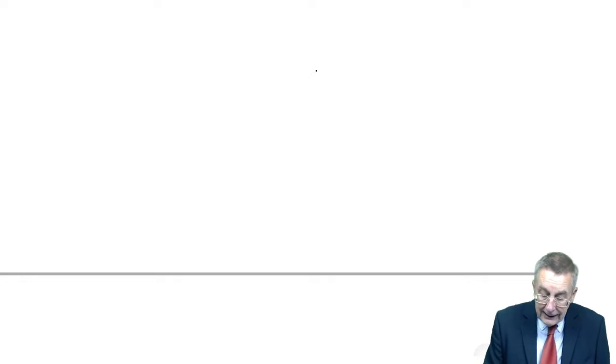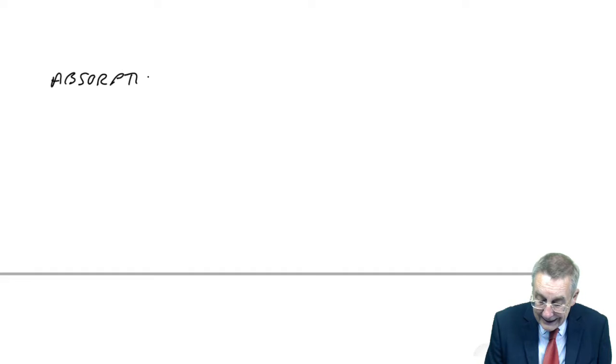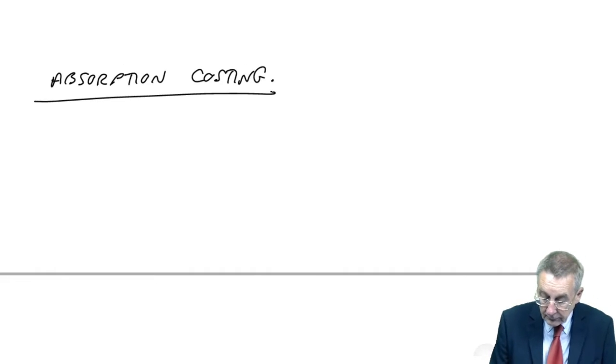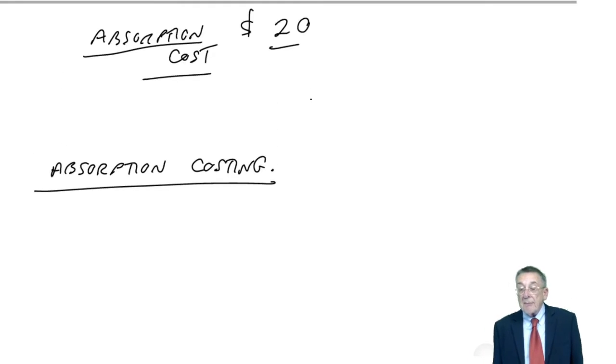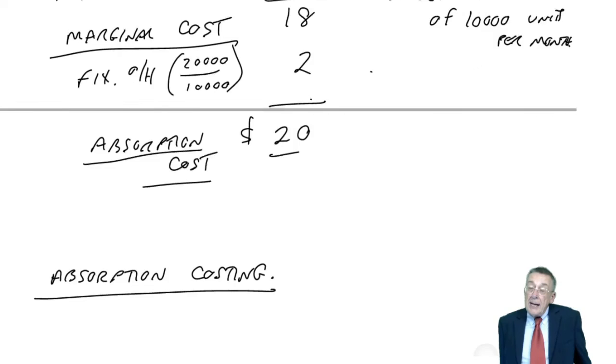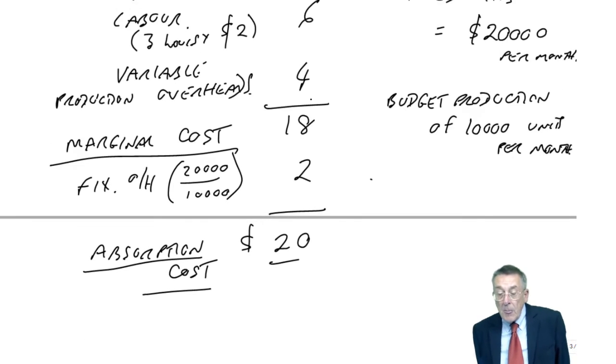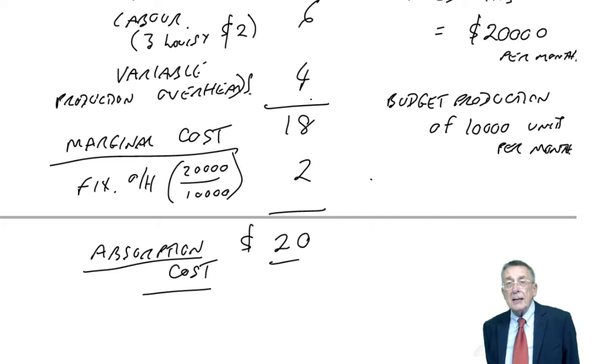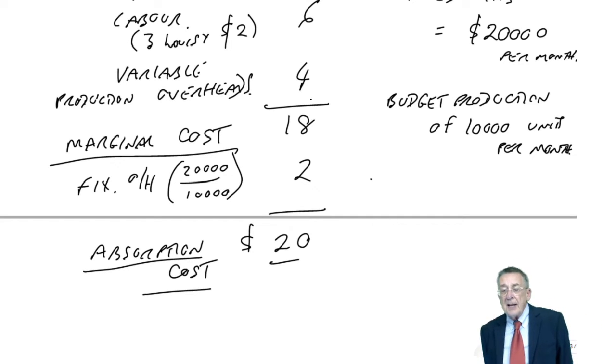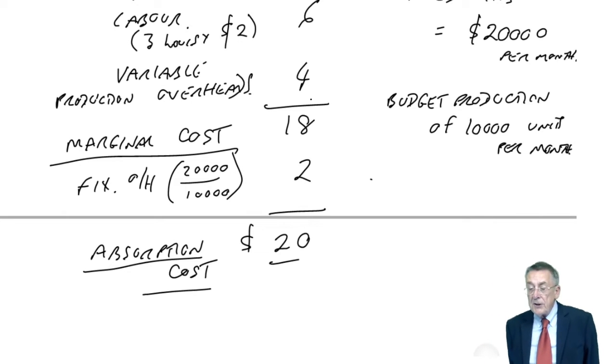So first of all, absorption costing relates very much back to what I said earlier about the reasons for wanting a cost. I said one reason for wanting to know the costs is to help fix a selling price, and surely the absorption cost is going to be of more use.